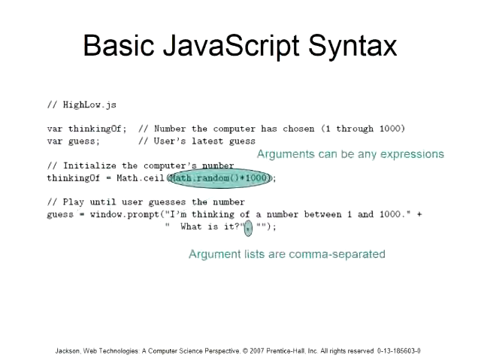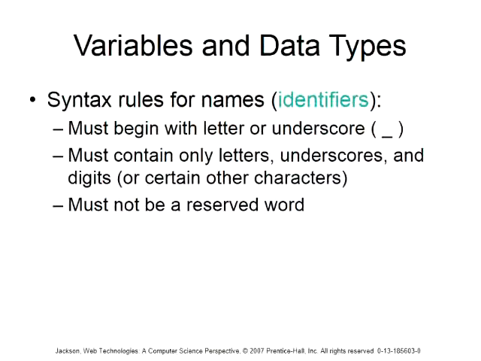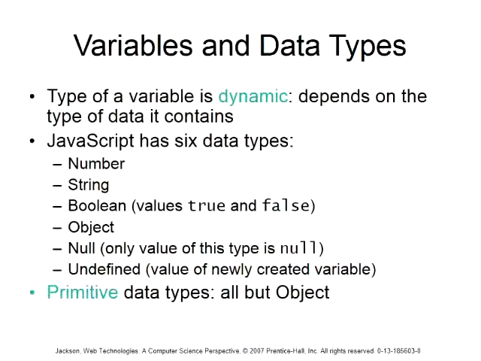Yes, good. So JavaScript has 6 data types: number, string, boolean, object, null, and undefined.